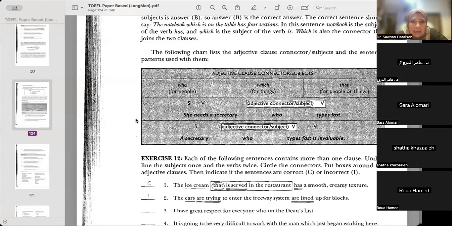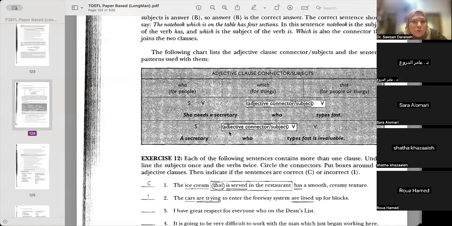But the same sentence, she needs a secretary. I can say not necessarily who, because that works for people, guys. I don't want to use who. Let me say she needs a secretary that trusts her, that types fast. I want to show you that I can use it with the verb trust, تثق أو يثق.